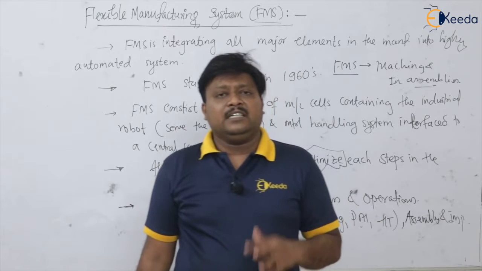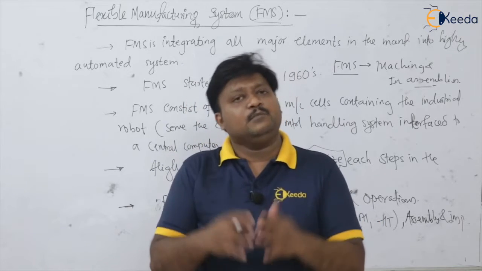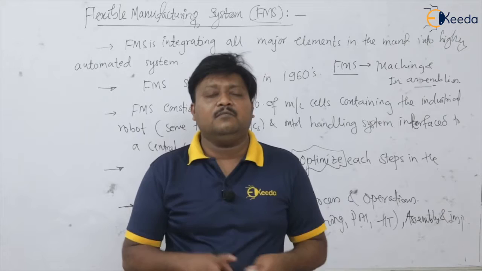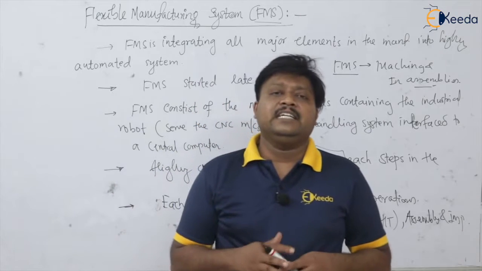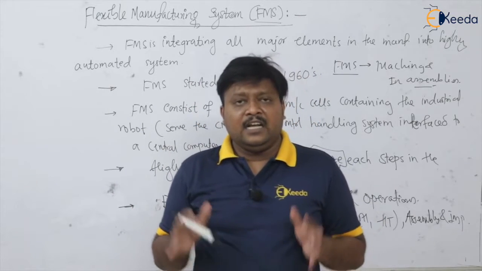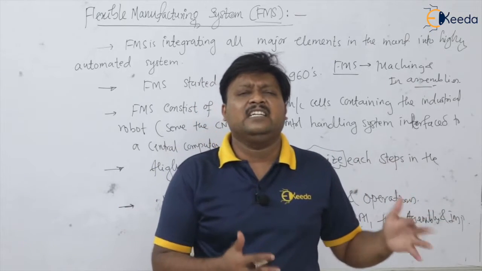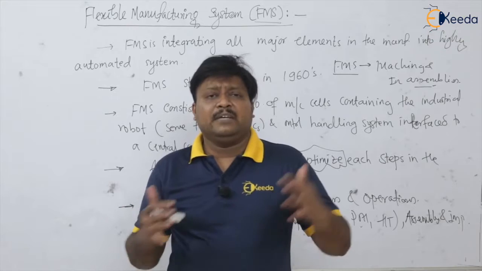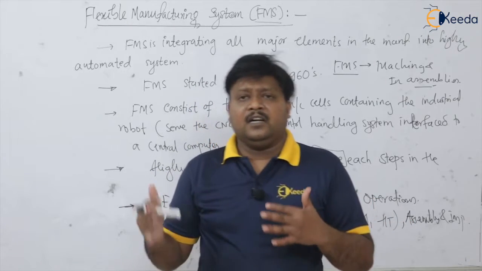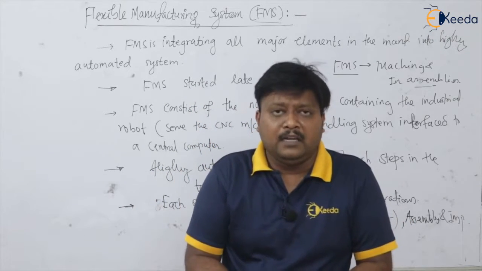It is nothing but the distributed direct numerical control system, where the handling of material between the machines is automatic, by automated guided vehicles, conveyors, some transfer mechanisms, or specially designed pallets.